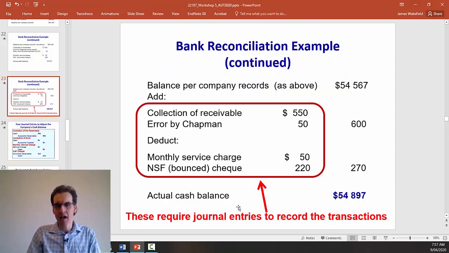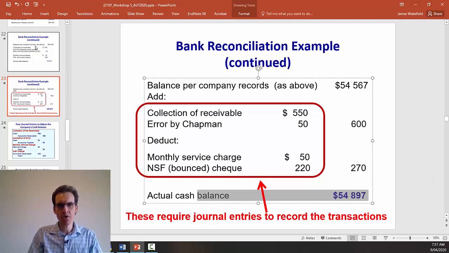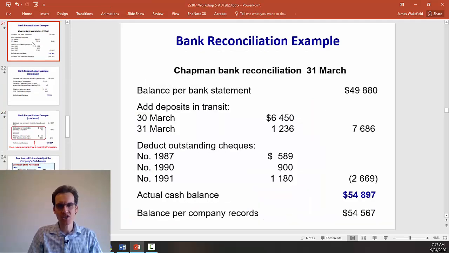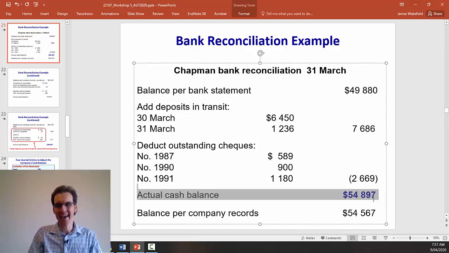Now, if I go back a step and I look down the bottom here, after we've taken into account these particular items, we have a final cash balance in our records of $54,897. Now, you will note that this matches the same amount that we reconciled the bank's balance to.